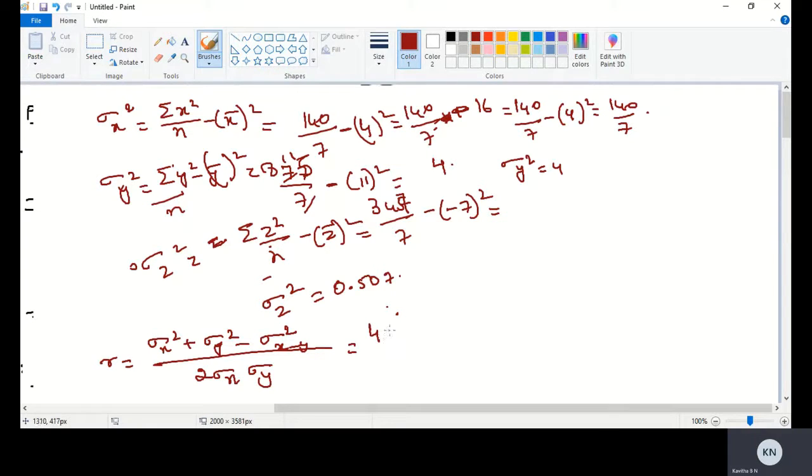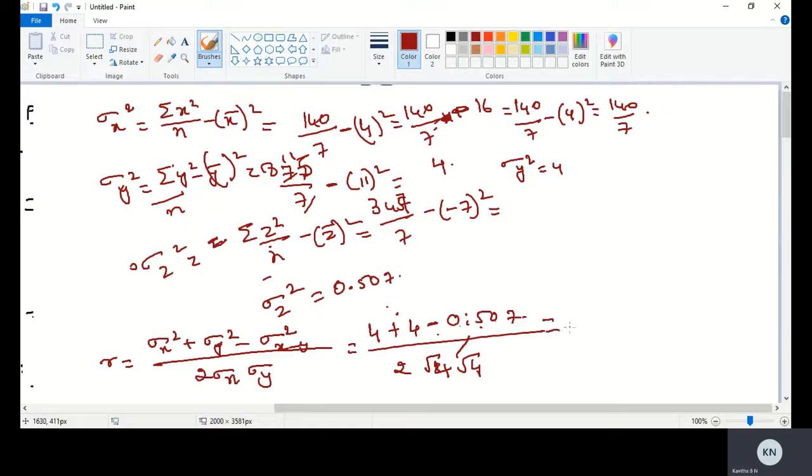Sigma x square is 4 and sigma y square is also 4, and sigma of x minus y square is 0.507, whole divided by 2 into square root of 4 into square root of 4.